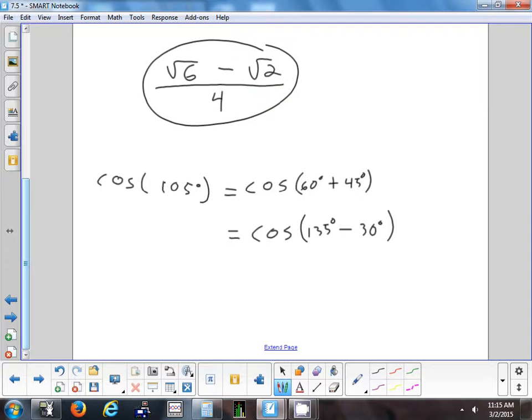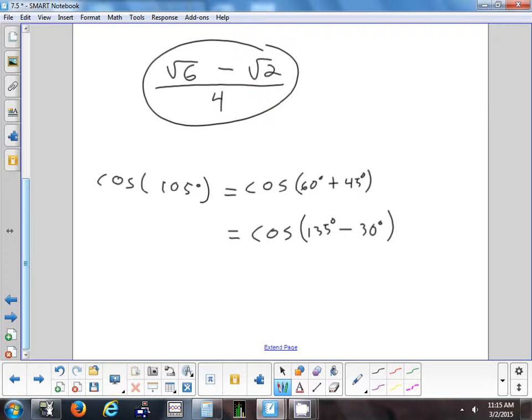Okay, 135, that's just your 45, 45, 90 triangle in quadrant 2. So you're going to get some negatives when you take cosines of that. But you could do this problem either way, and you should get the same answer. Any questions on how we wrote that?